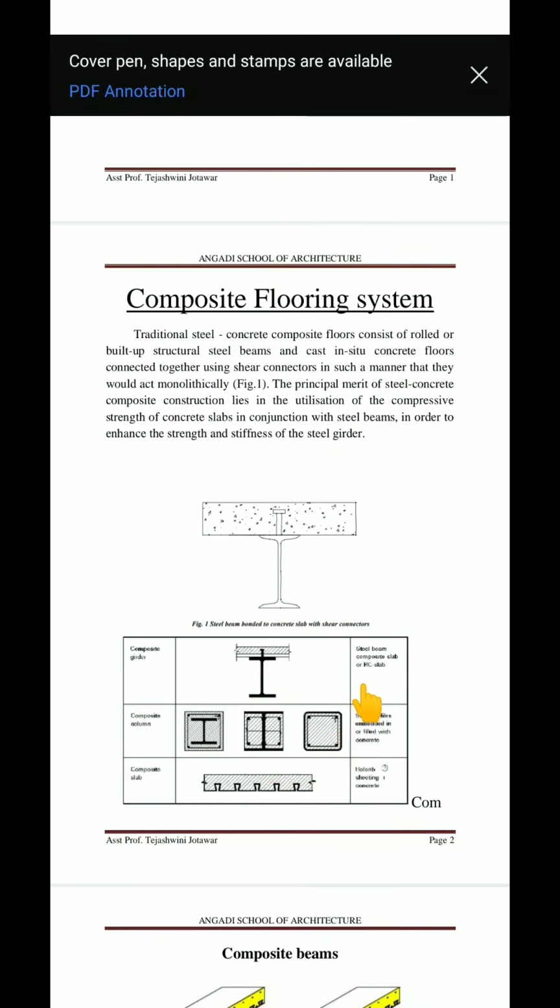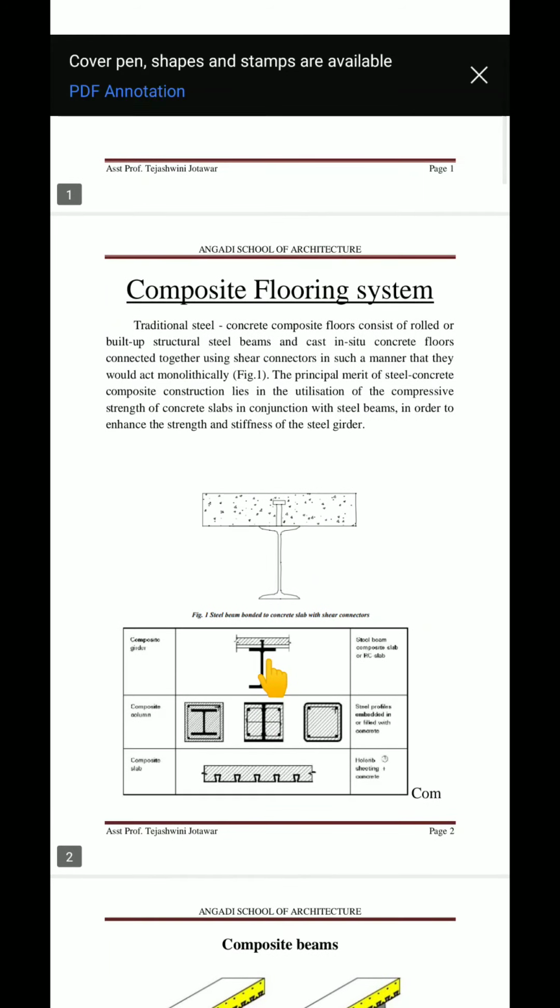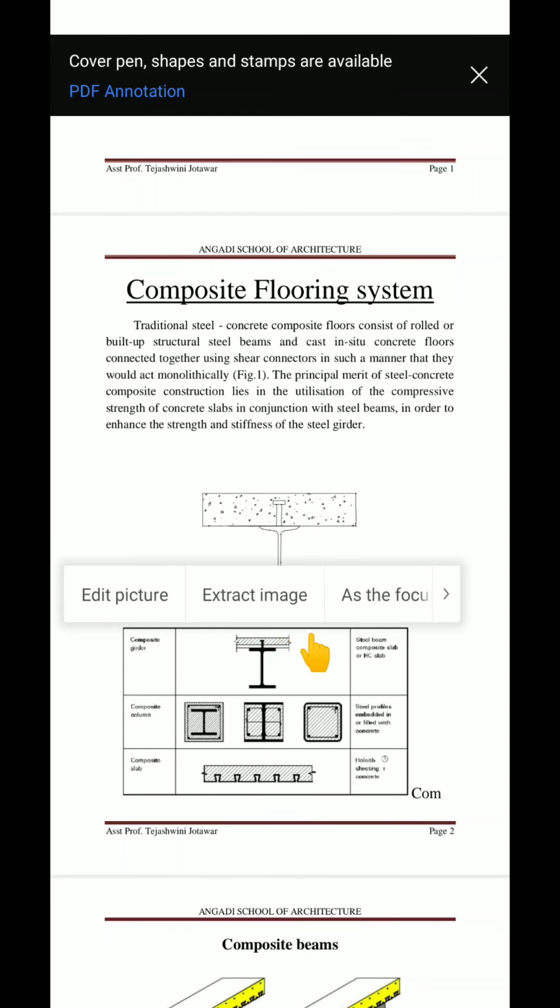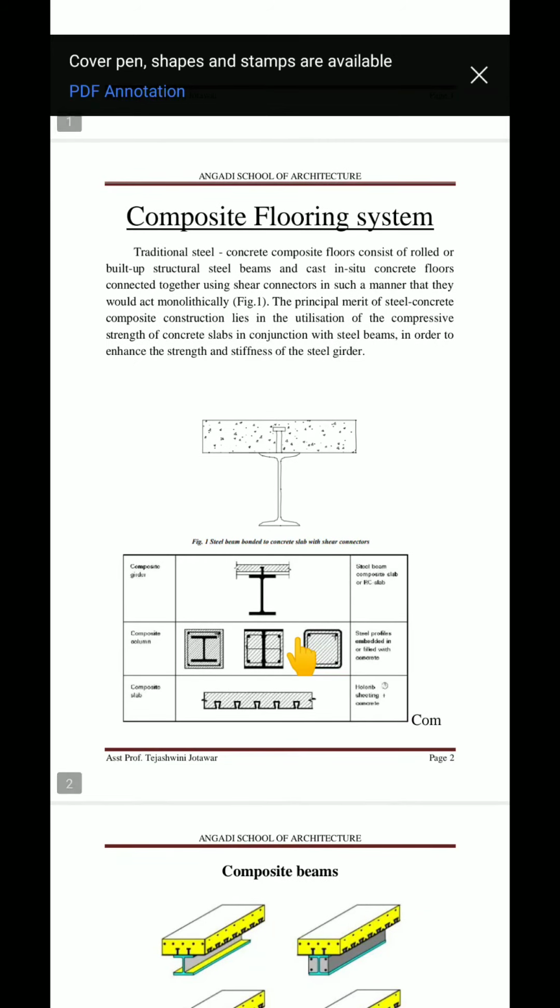These are a few examples of the elements used in a composite flooring system. The first one uses a steel rolled I-section, then a steel plate section, and above that a concrete slab section.